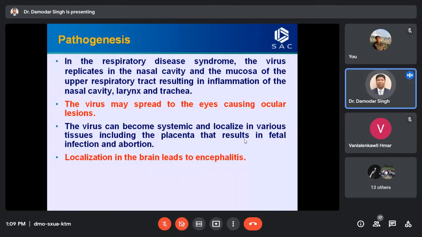Because of that, it may lead to placentitis, then fetal infection, and abortion, right? And sometimes localization of the virus can also occur in the brain, leading to encephalitis. That is in the case of the encephalitic form, right?